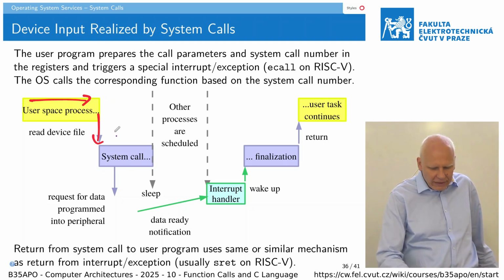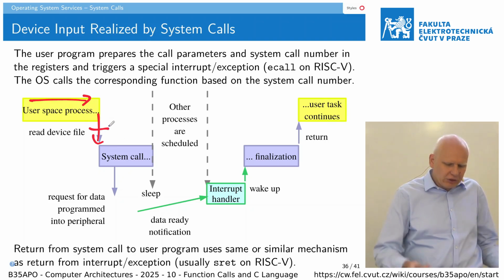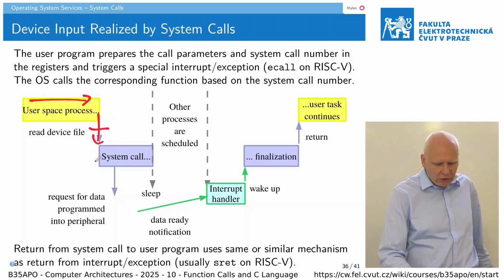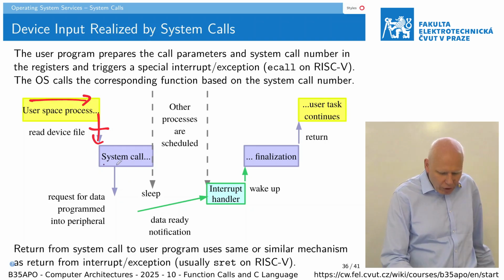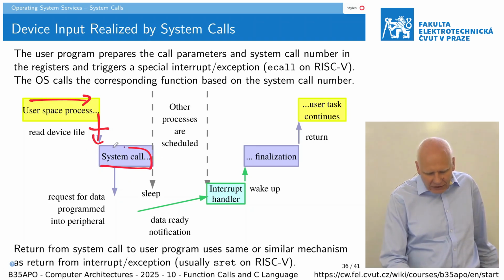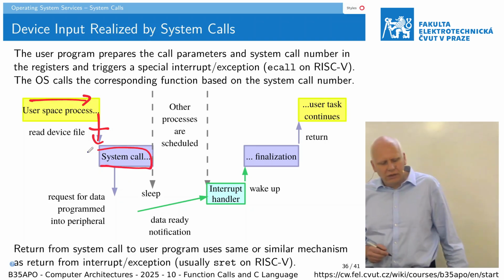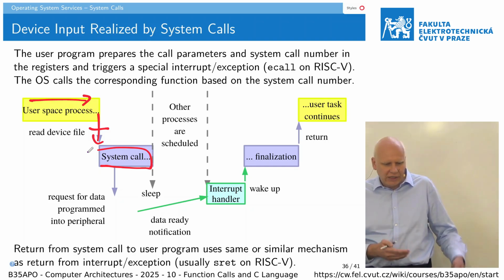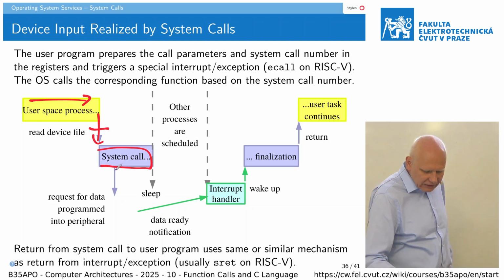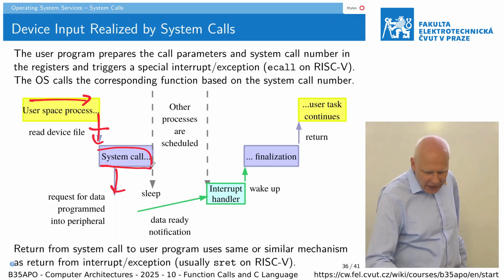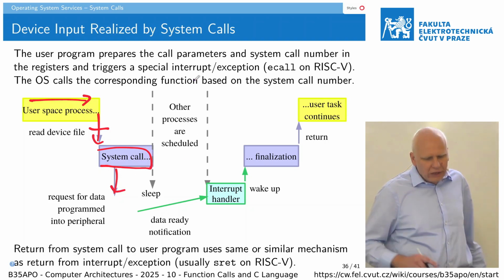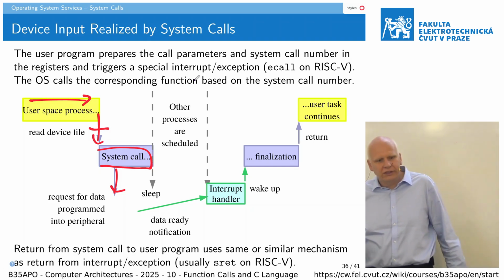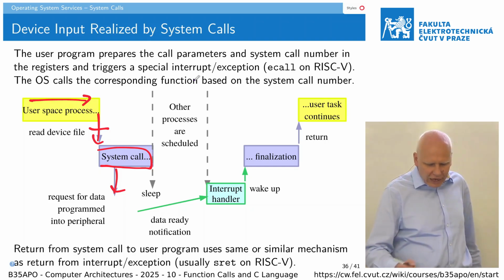At that moment, there is an exception which switches the processor to the system mode. The system finds, for example, that it cannot find any data previously received from the serial port. So in this case, it blocks and allows rescheduling to other processes to use the processor time for something else useful.